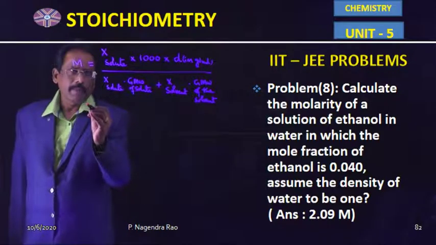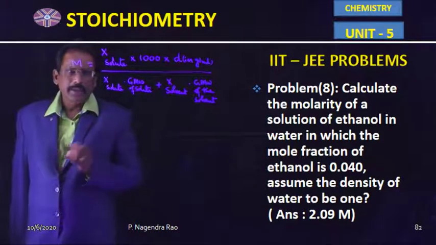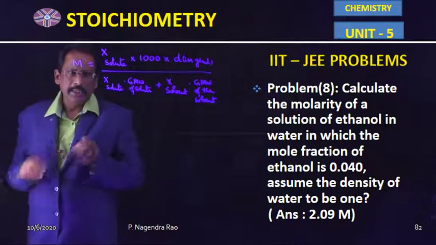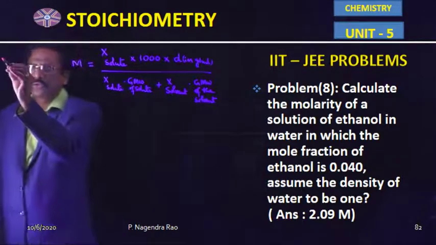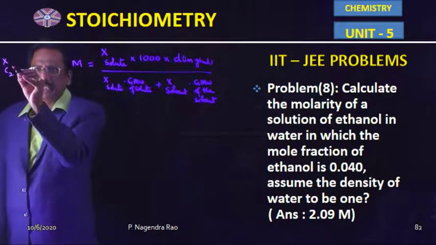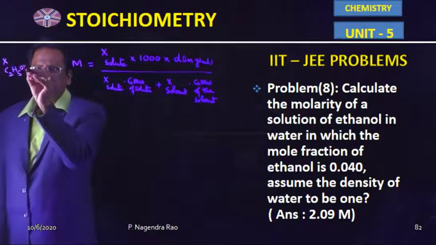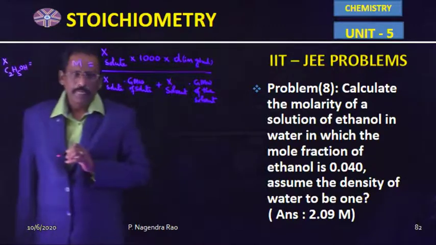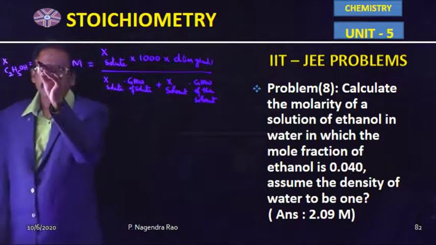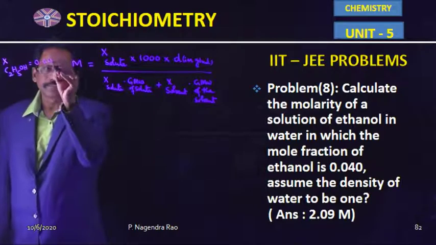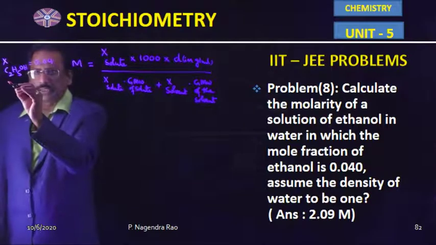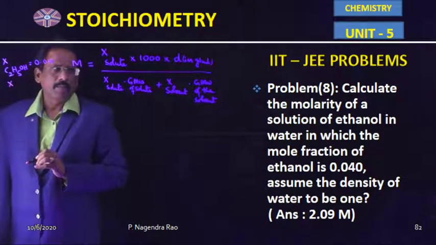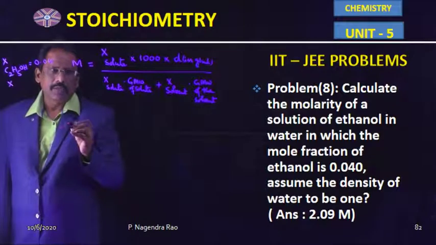Now here the mole fraction of the solute is, here the solute is ethyl alcohol. So the mole fraction of ethyl alcohol C2H5OH is equal to 0.04. From this, here the solvent is water.